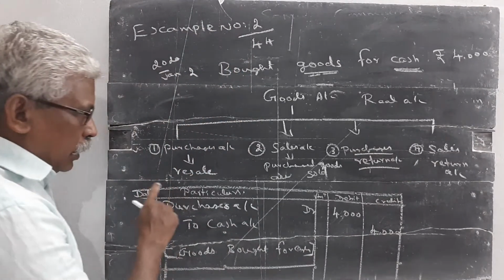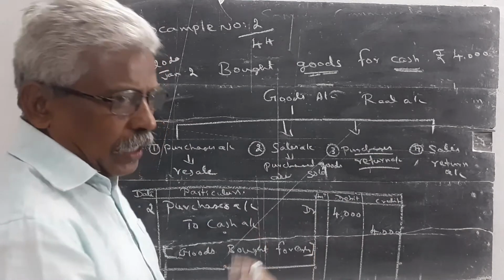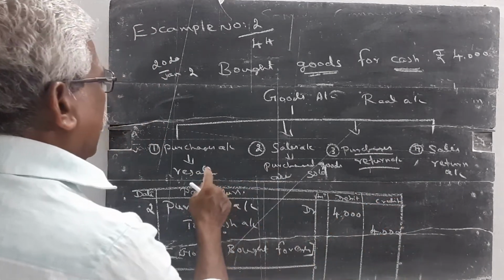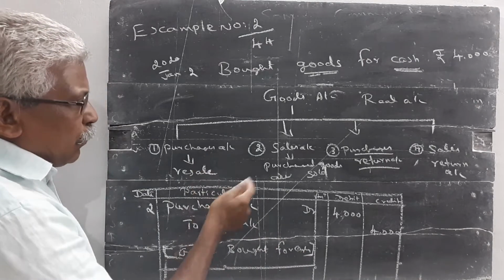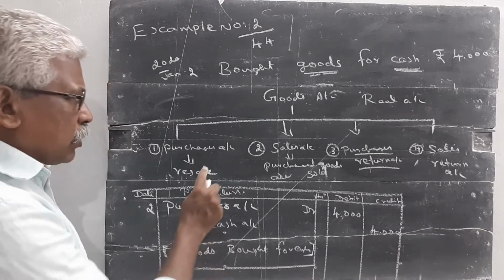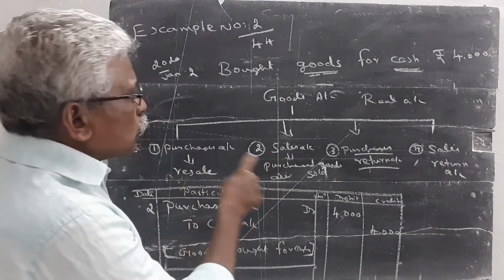Once again I explain this area. These questions frequently come again and again, so we have to study this portion thoroughly. Purchases means goods purchased for resale. Sales means the purchased goods are sold.